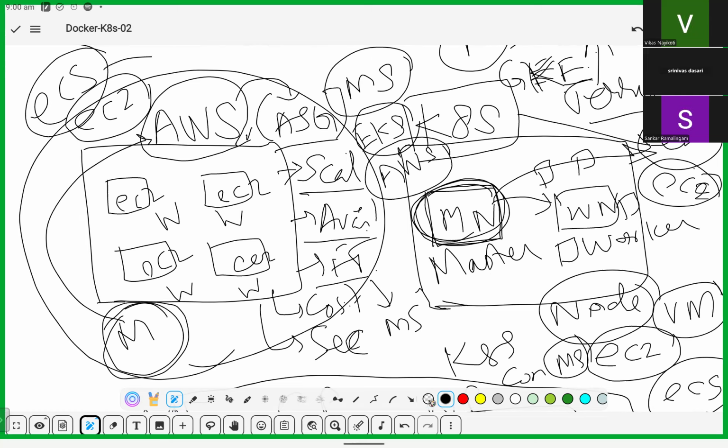ECS will ultimately use an auto-scaling group for managing or scaling the EC2 instances. ECS will take care of running the containers on the virtual machines, on the EC2 instances. Hope it is clear. So the Autoscaling Group manages the scaling of EC2 instances, whereas ECS manages the running containers inside your EC2 instances.